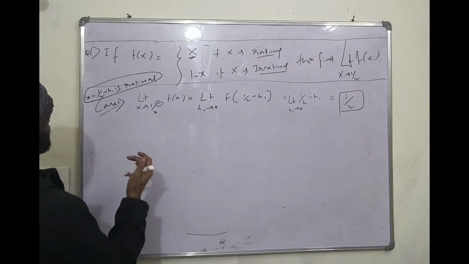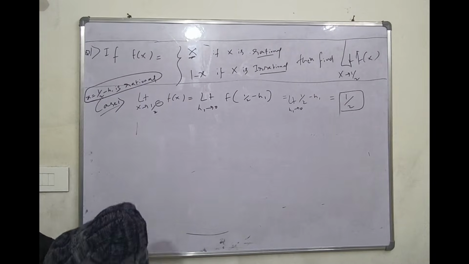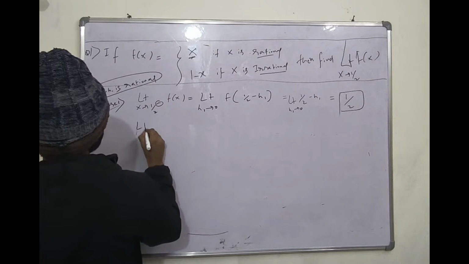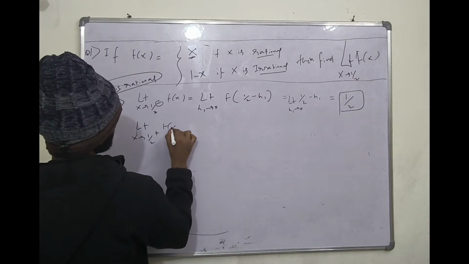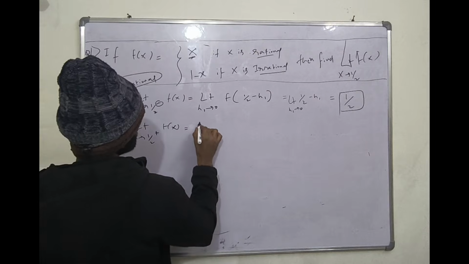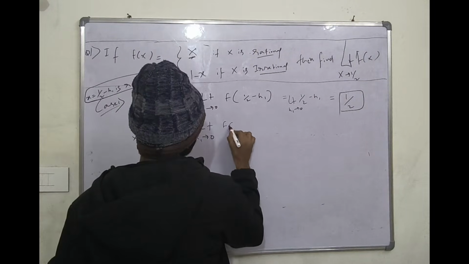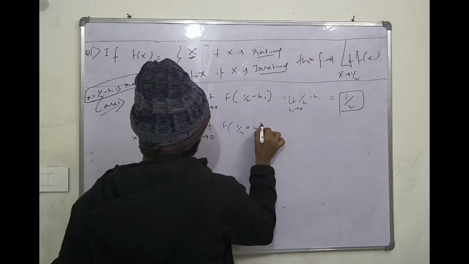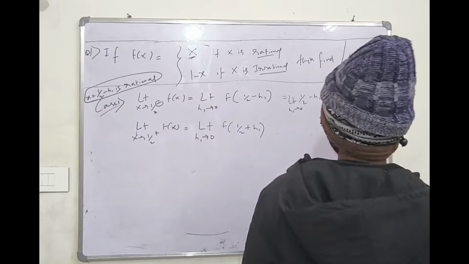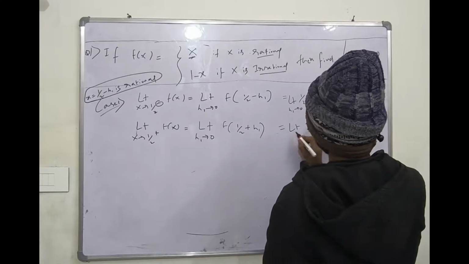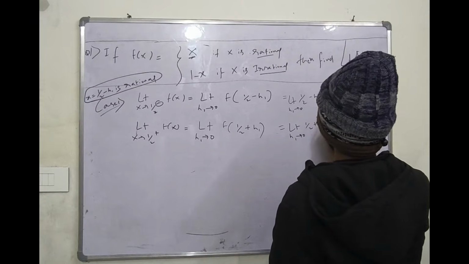So let's find the right hand limit. Limit x tends to 1 by 2 plus of f of x equals limit h1 tends to 0 of f of 1 by 2 plus h1. Since it is rational, again it is x, so limit h1 tends to 0 of 1 by 2 plus h1.